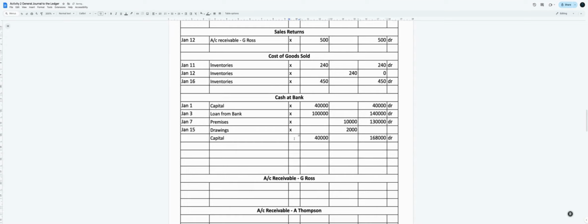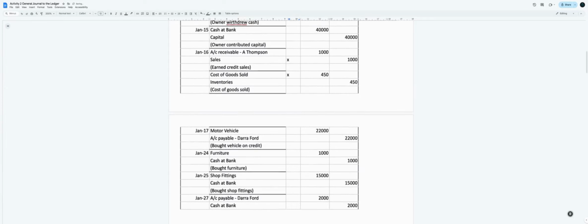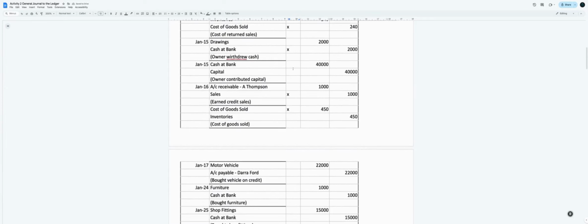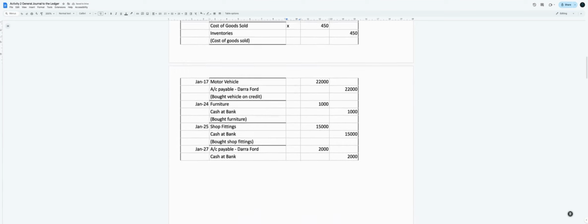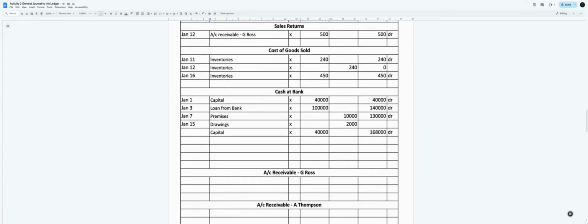I posted that, I put a cross there, and then coming in here, that was my cash at bank. Scrolling through, looking for some more cash at banks. I have another one on the 24th, and that was credit $1,000. So January 24 credit.